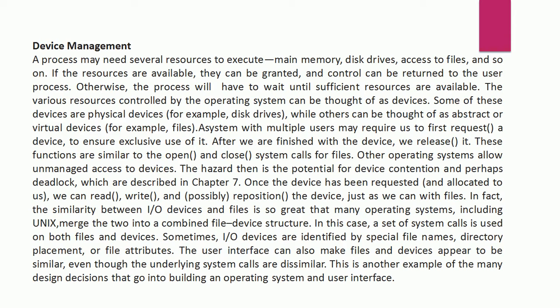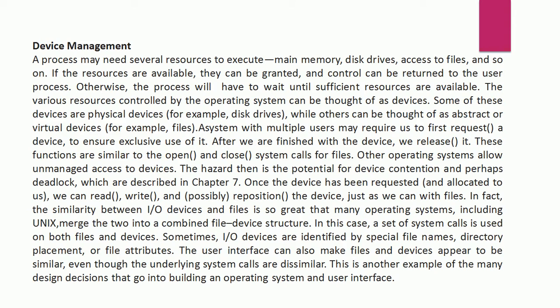The hazard then is a potential for device contention and deadlock, which is discussed in detail in chapter 7. Once the device has been requested, that is, allocated to us, we can use read, write, and reposition on the device just as with files.